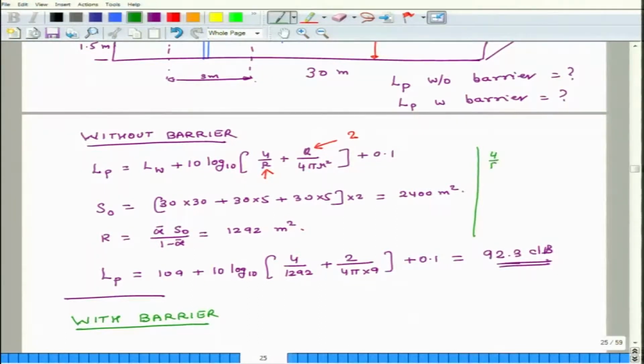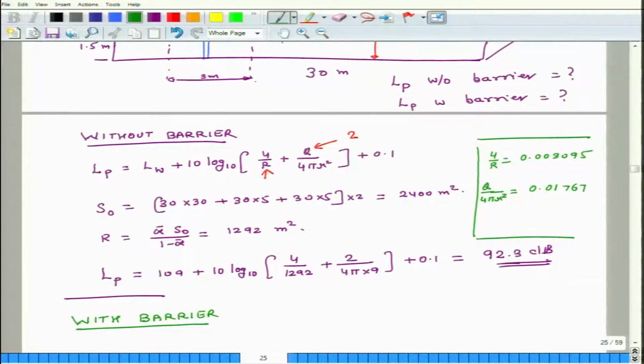So, if you do this 4 over R, you calculate, you find that 4 divided by 1292 comes to 0.003095. Okay. And Q divided by 4 pi R square, if you do the calculation, works out to be 0.01767.